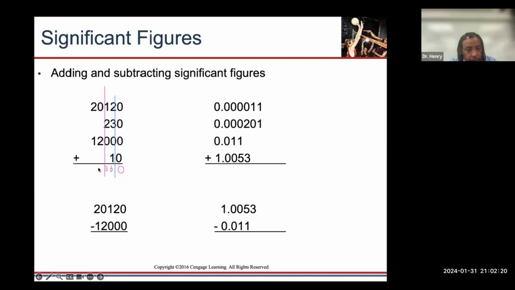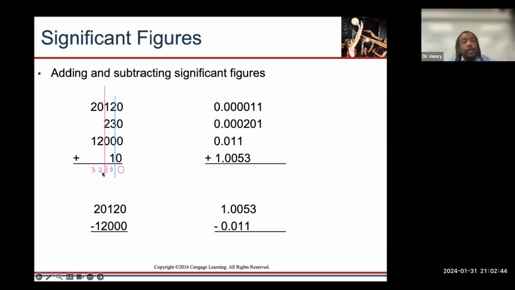And then that's going to be a 2. And then that's going to be 3. Okay. So then what we're going to do is look at the line that's furthest to the left. So in this case, it's going to be the pink line. So we're going to take the number after that pink line. So we're going to take this number here.